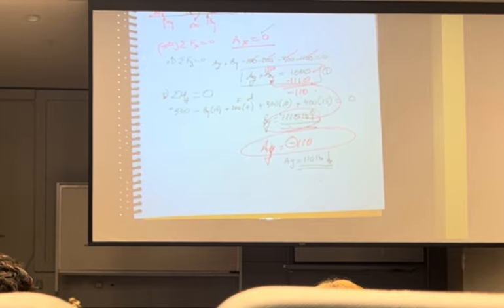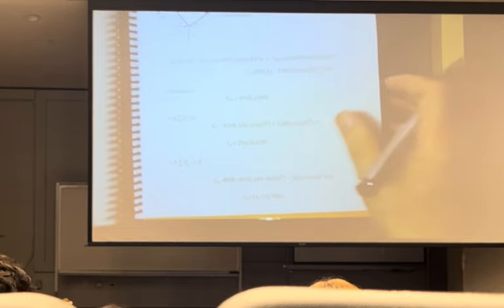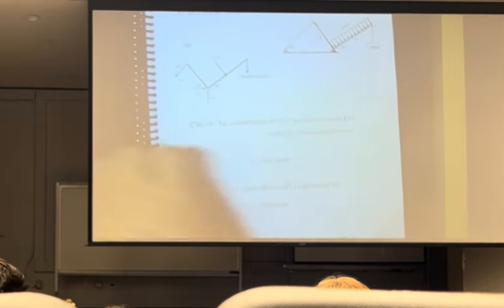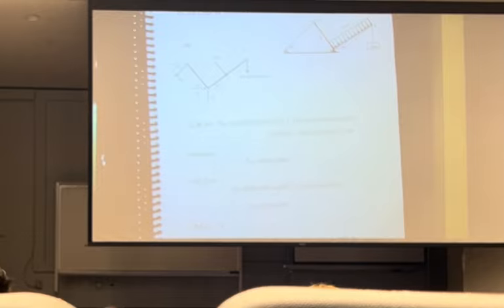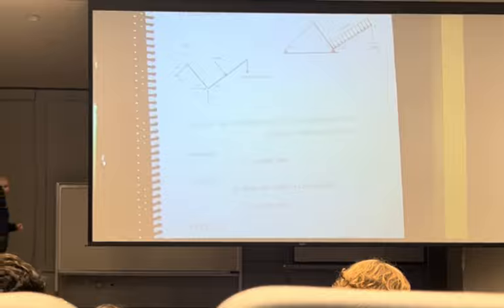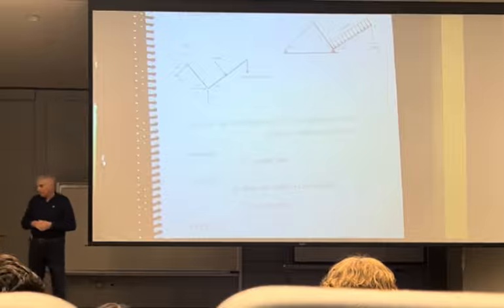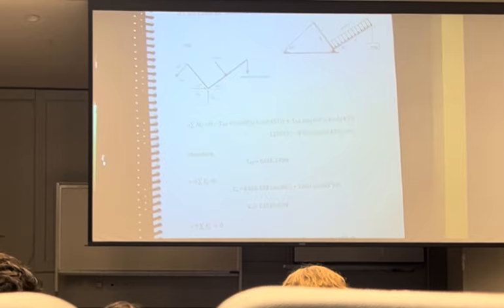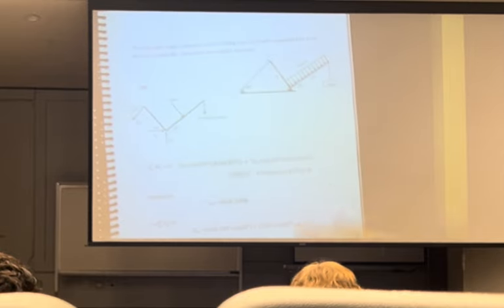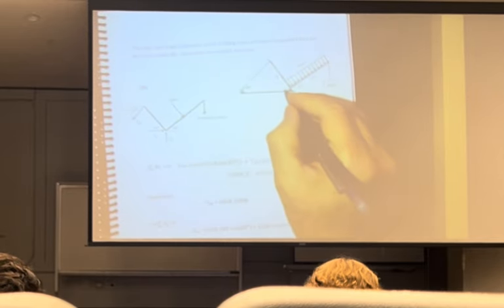Okay. Next problem. Next problem's already pre-worked out. This would be a good problem for you to probably close it up and do it on your own, and then check your answers. But notice, I can do this.